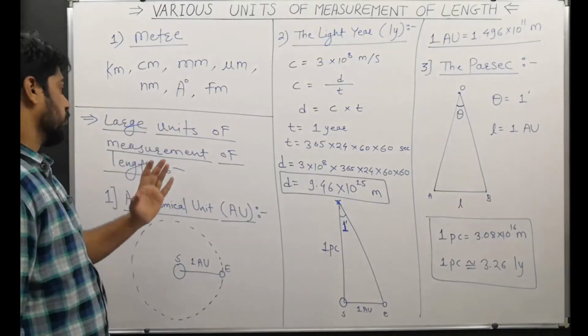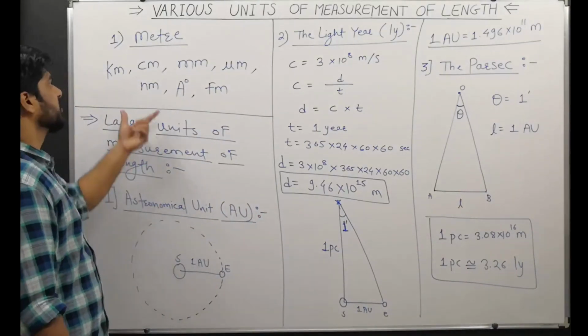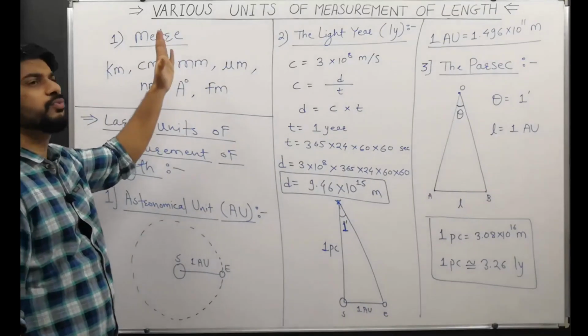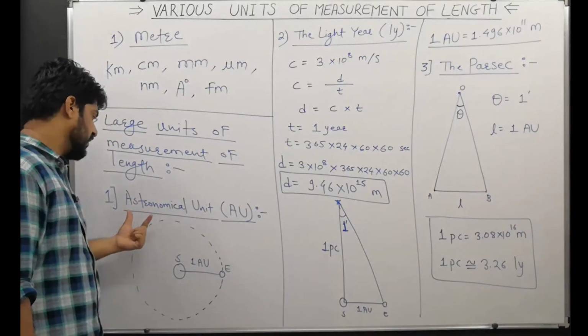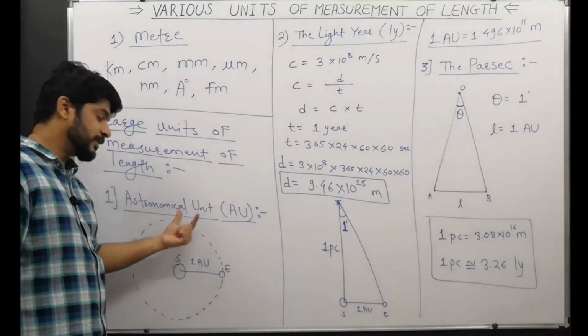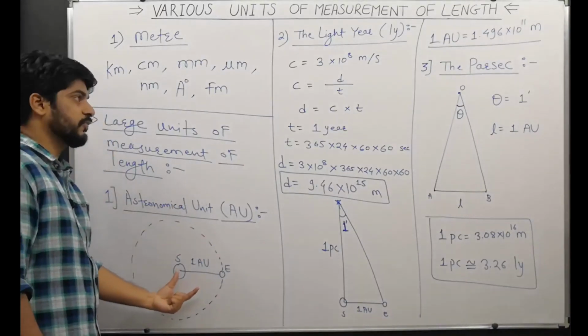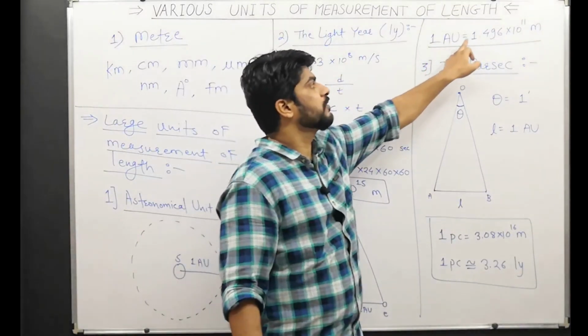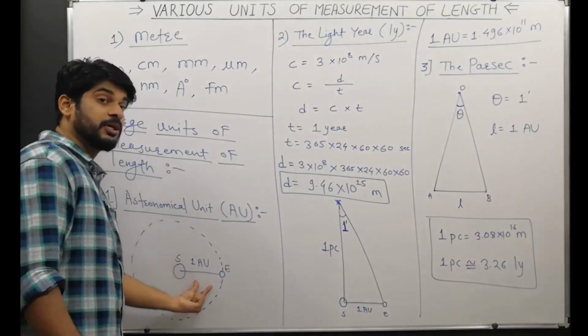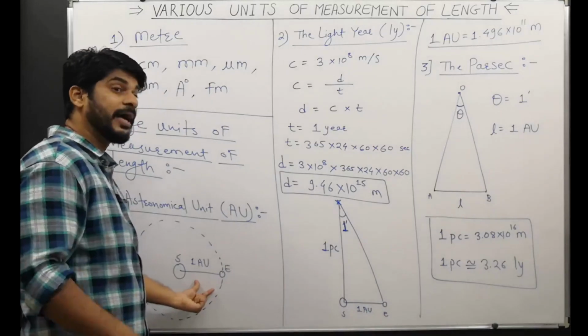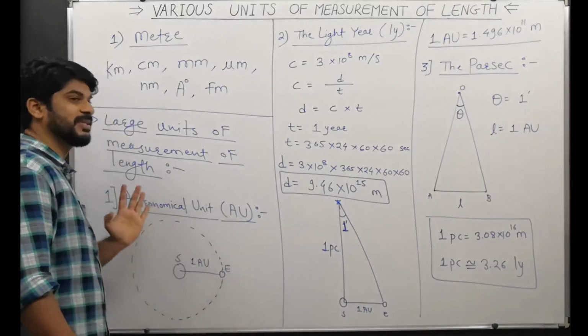So in this way we have defined 3 different units for distances. The first one we already know, and we are talking about the large one, that is the astronomical unit. What is 1 astronomical unit? It is the average distance between earth and the sun.